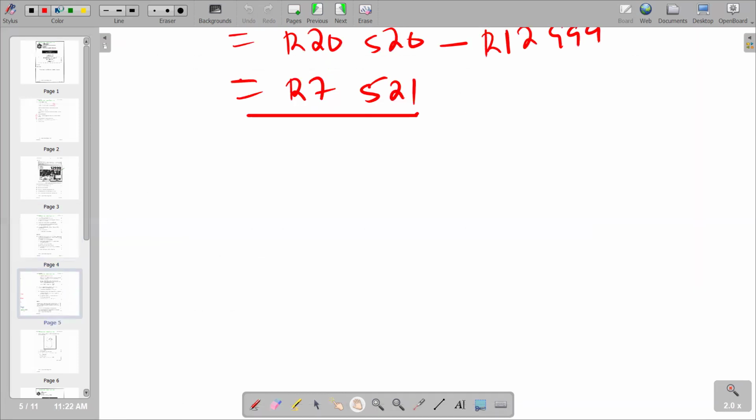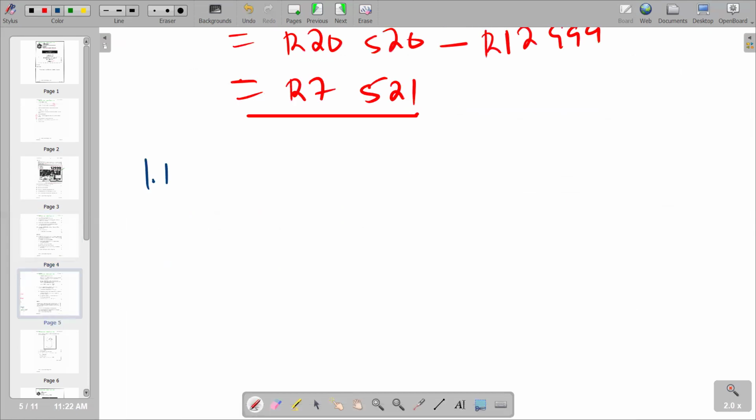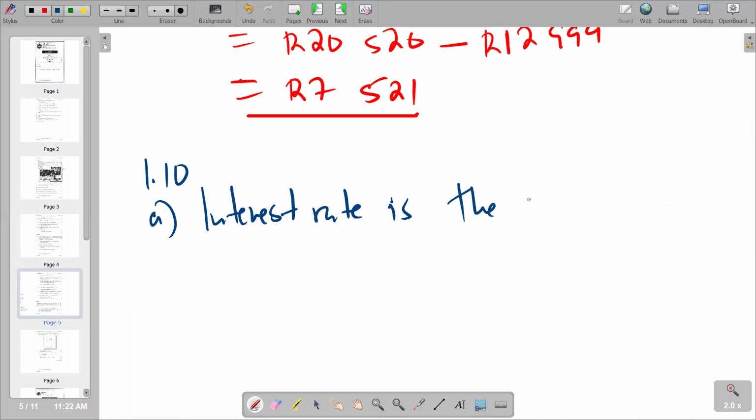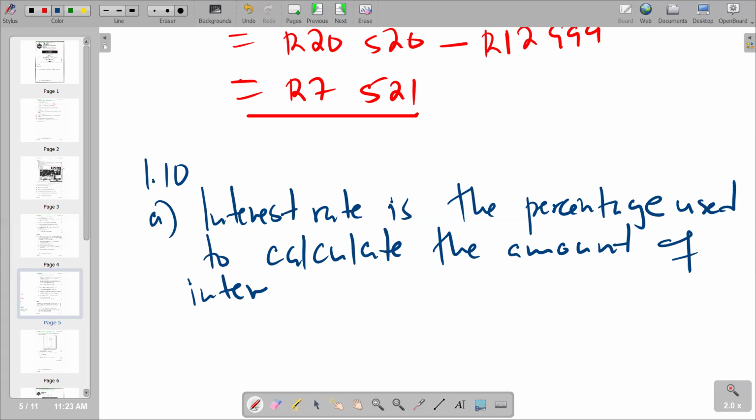So we are saying this is now question 1.10a, and we are saying interest rate is the percentage used to calculate the amount of interest that is either earned or charged.